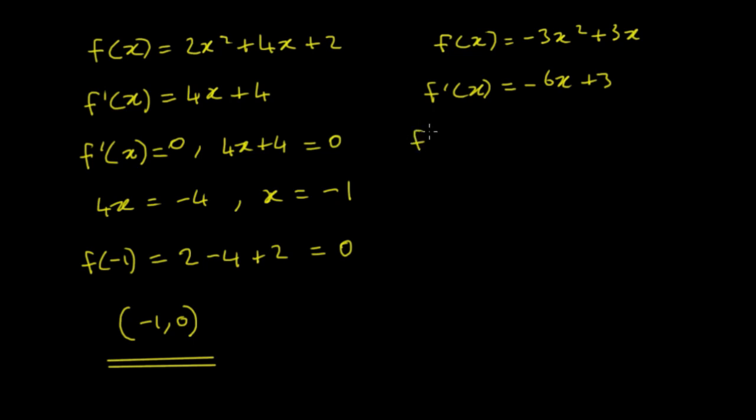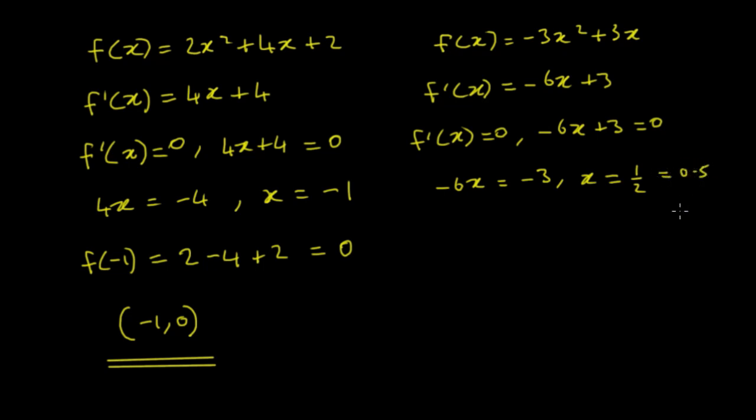So when f derivative of x is equal to 0, that means that minus 6x equals 3. So in fact I'll do it all in so you don't get confused. So you have minus 6x plus 3 is equal to 0. So then we transpose this, so we're going to have minus 6x equals minus 3, or equally you can say x is going to equal, we'll divide by the minus 6, a half. So you could say it's equal to 0.5.